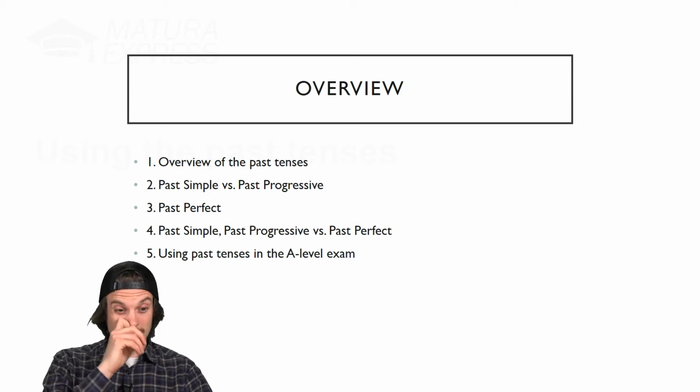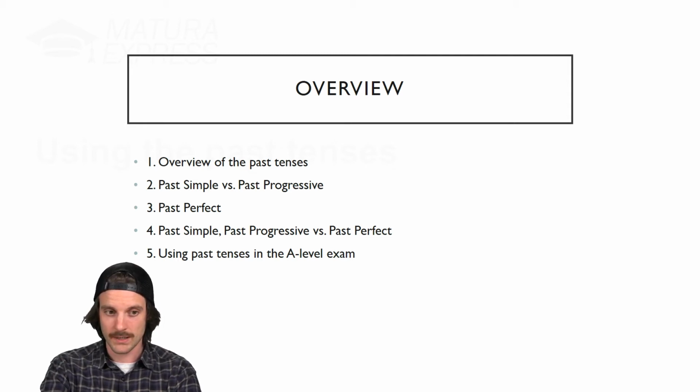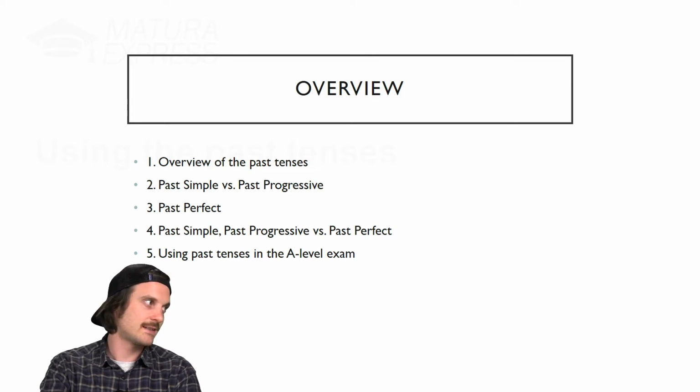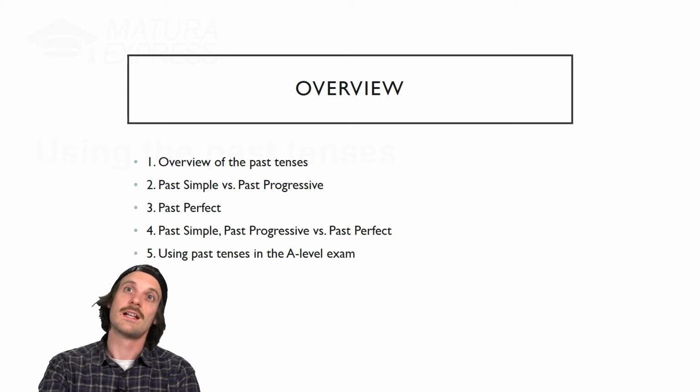Then we're gonna compare past simple, past progressive, and the past perfect. And we're gonna use the past tenses in the A-level exam, or at least I'm gonna give you an example of how to use them.